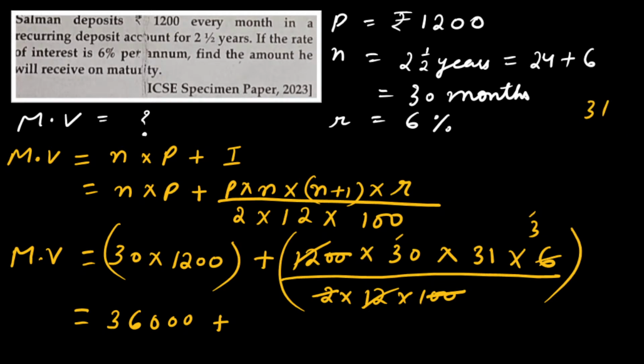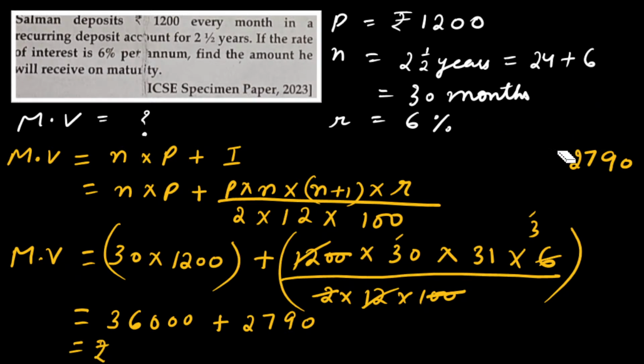9 into 31, let's multiply. 9 into 1 is 9. 9 into 3 is 27. So this is 2,790. If anyone is doing calculations along with me, just keep checking my calculations as well.